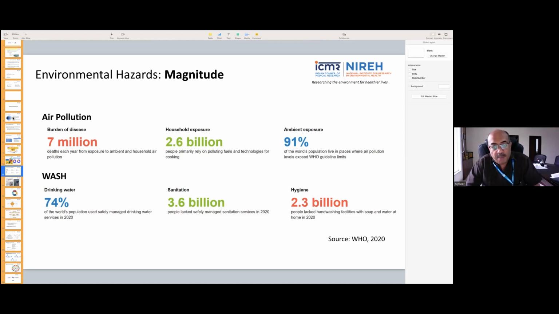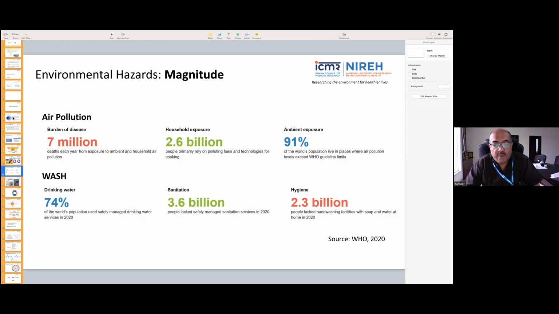Indoor air pollution is a big problem with us, but thanks to the current government's Ujjwala scheme, we try to replace these harmful domestic fuels with cleaner fuels, but still it is a problem in a greater part of the world. 2.6 billion, almost 1/3 of the world population, is struggling with household exposure to harmful fuels. And if you add ambient air pollution to it, 91% of the world population is exposed to one or other form of air pollution.